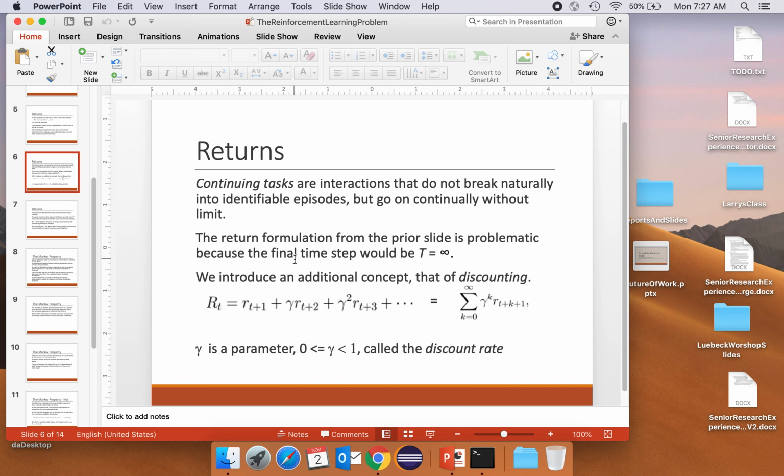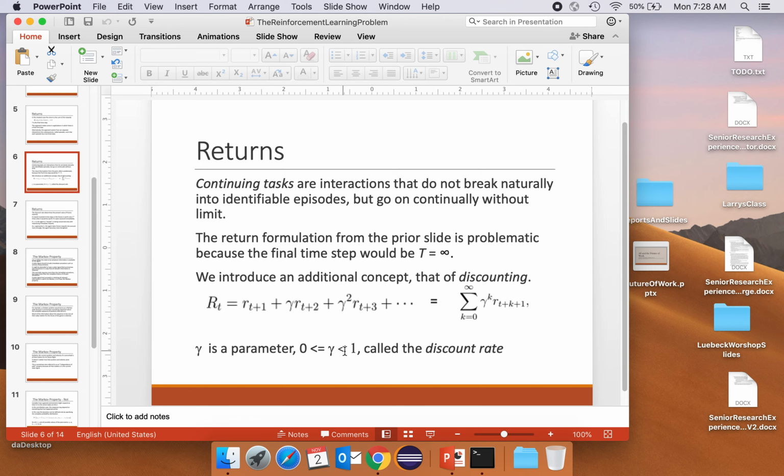So here's how the discount rate works. We get the immediate reward of our action, and then the future reward, again, it's a stochastic transition function, we multiply by this discount rate. And for the reward after that, we square the discount rate, and so on and so forth. So we cube it, raise it to the fourth power. That's how we're going to calculate the return.